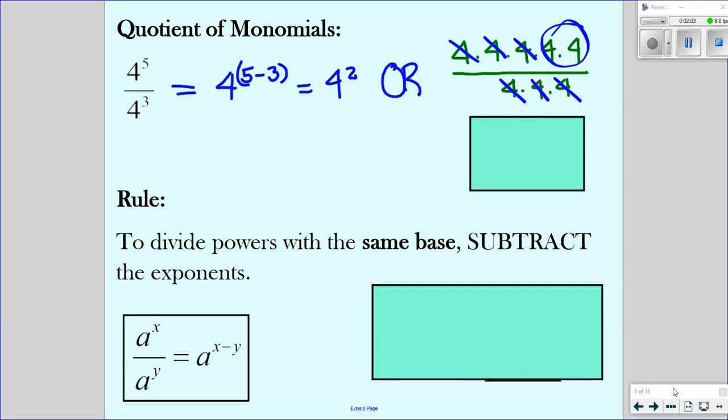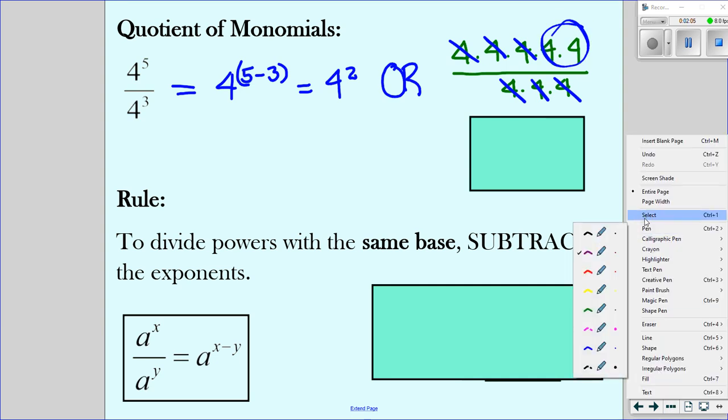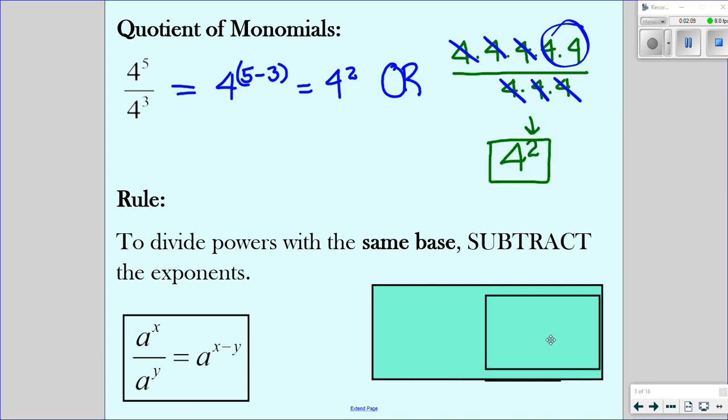There are 4 2's that you're left with, so that means it will be 4 to the 2nd power. Same thing that we had when we did it the other way, where we subtracted the exponents because they have the same base. So that's what the rule is about when you're dealing with quotient of monomials. Same base, they're being divided, subtract the exponents.